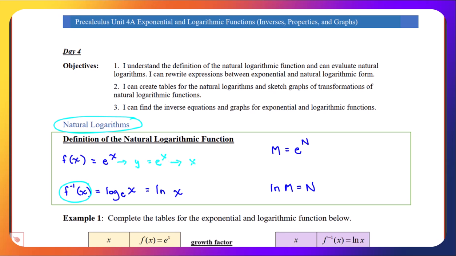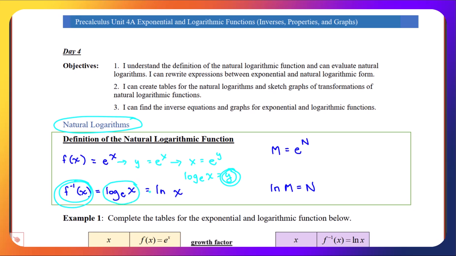We switch x and y, so now they're different functions, and we solve for y, and so the exponent of e that gives us x is y, and now y is by itself. I'll replace y with f inverse of x, and that equals log base e of x.